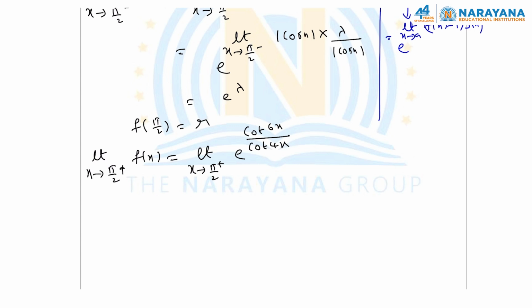Infinity by infinity form. First let us separate sine and cos. We can write e power limit x tending to pi by 2 plus, this is nothing but cos 6x divided by cos 4x into sin 4x divided by sin 6x.